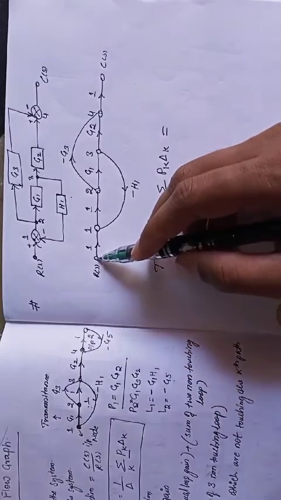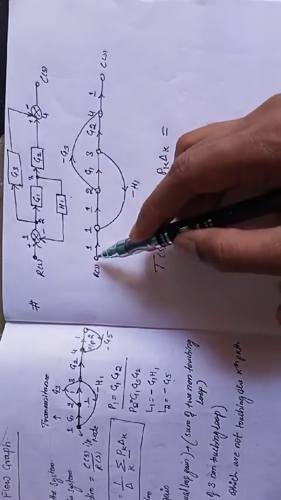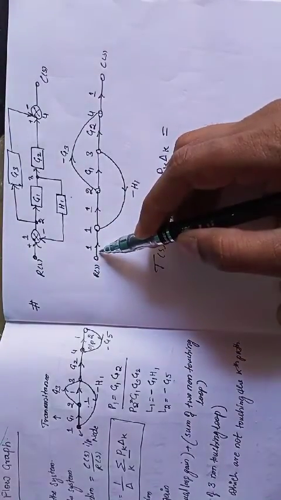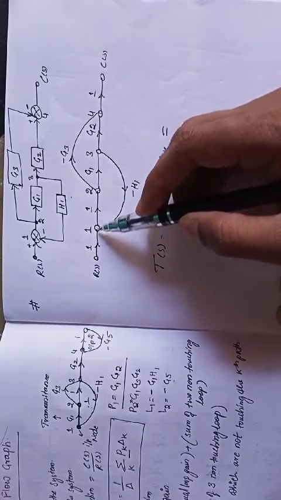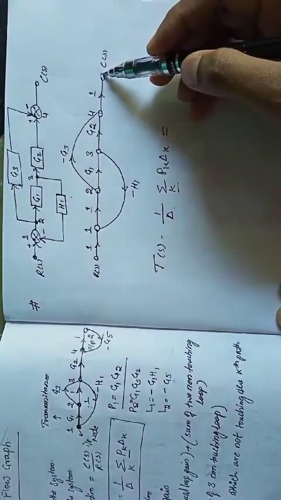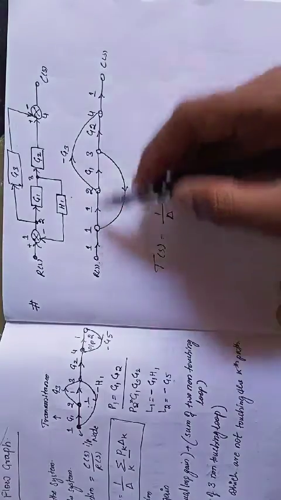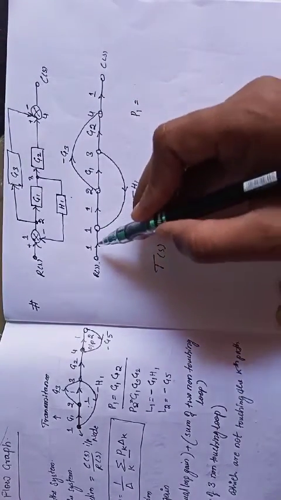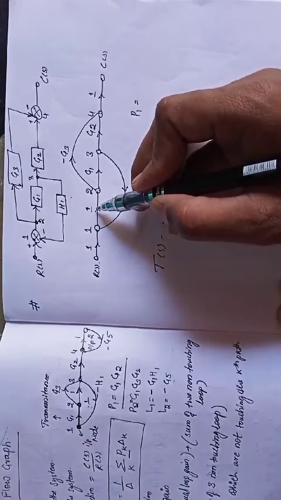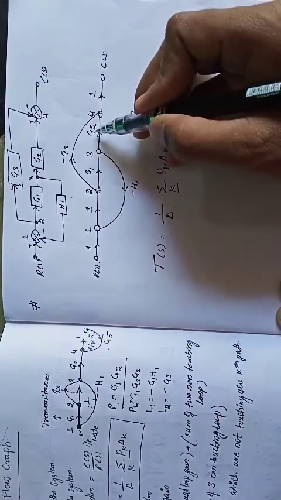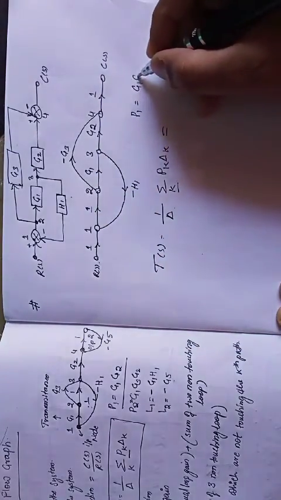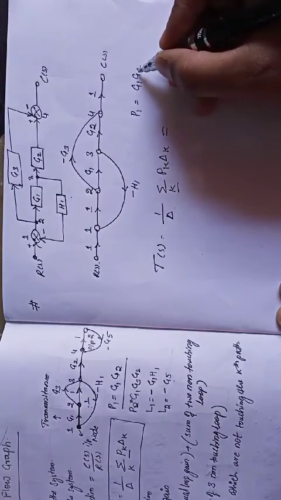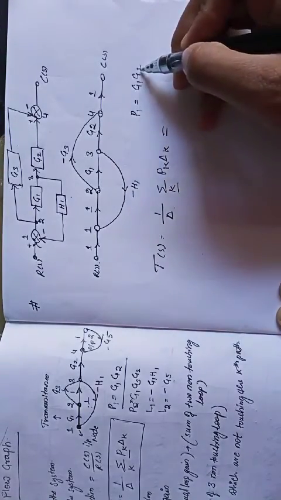If k, the number of forward paths, is 2, which we have seen in this example, see here the first forward path is from input to output. This is the straight line from input to output, that is P1, and its gain is the multiplication: 1 into 1 is 1, and into G1 into G2, so the forward path gain is G1 into G2.